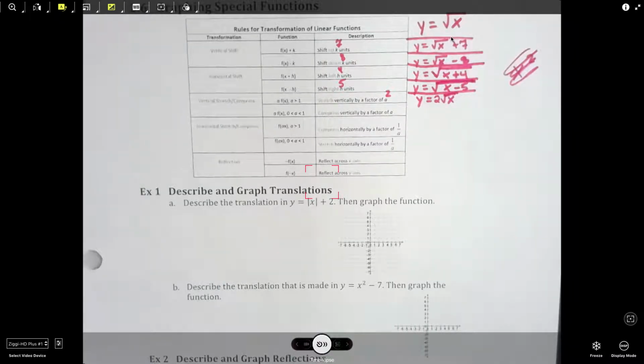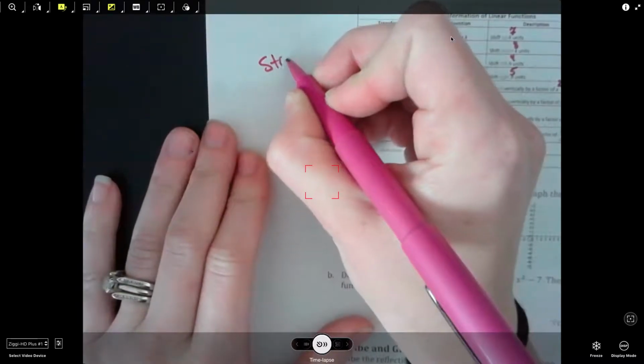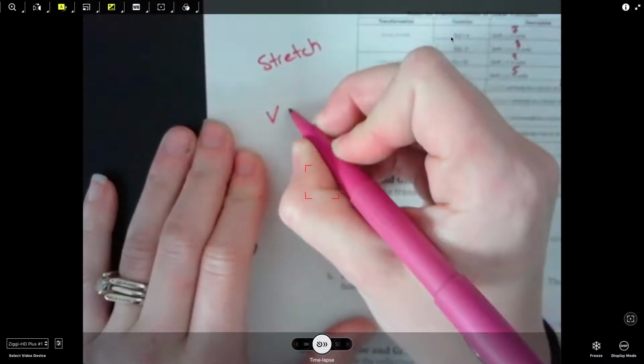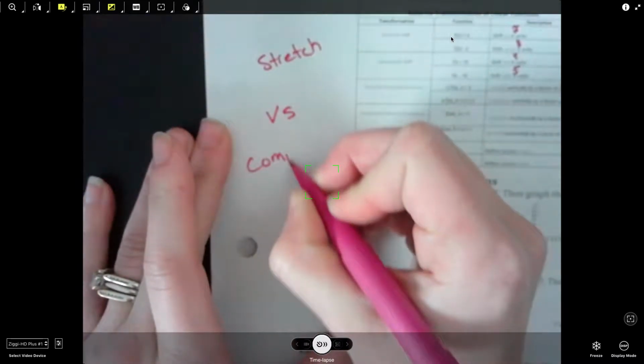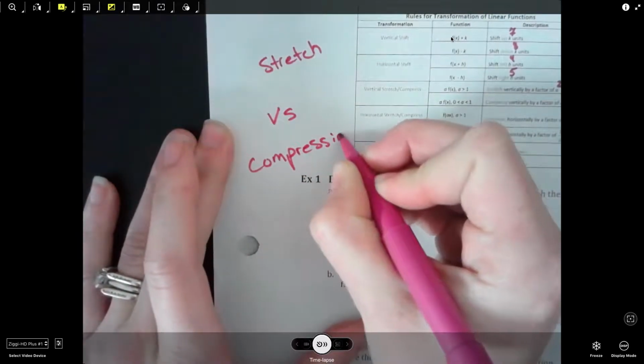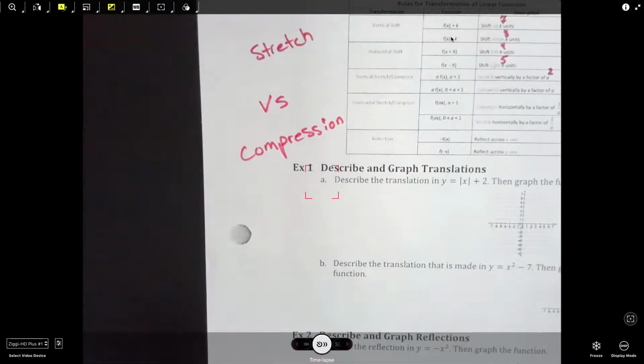Vertically compressed by a factor of a. What do you want to compress by? Now, hold on. Stretch versus compression. Your numbers depend on whether it's a stretch or a compression. What do your numbers have to be in order for it to be a stretch?